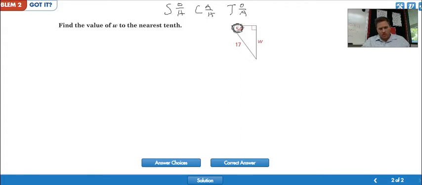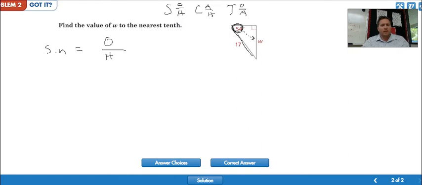If I'm looking at this angle from this point of view, that opposite side right there is going to be W. And this side across from the right angle is my hypotenuse, so I know that is h. Of these 3 trig functions, I have opposite over hypotenuse, so I'm using sine. Sine equals opposite over hypotenuse.